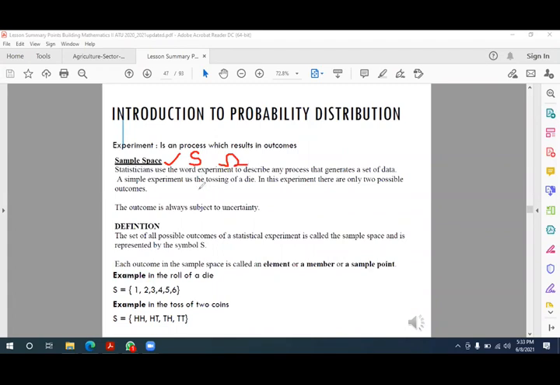So in the case of the weather forecast, we can have our set of possible outcomes being sunny or rainy. So there are two possibilities when modeling the weather forecast.